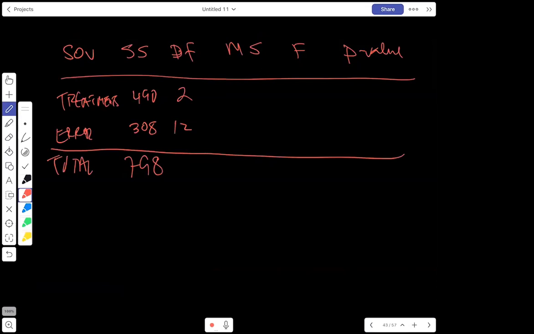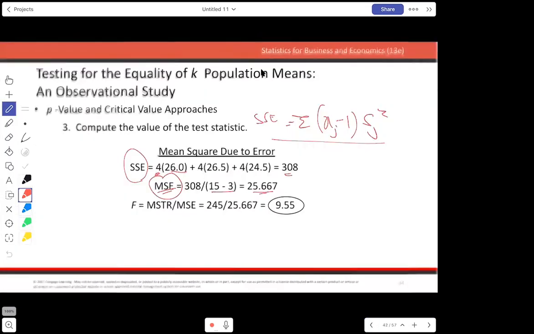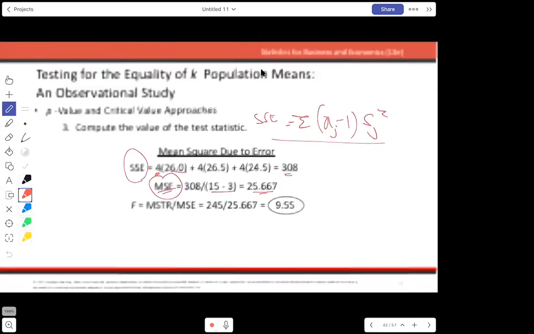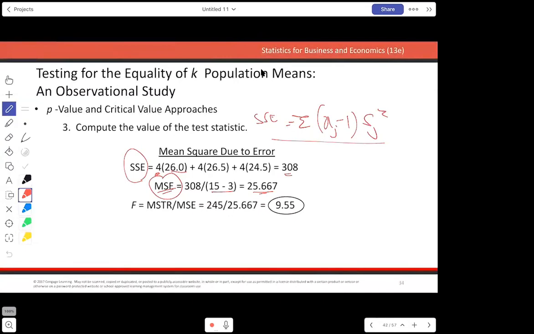Now, the MS value is obtained by dividing. An MS, mean square, is a sum of squares over degrees of freedom. So I will have to divide the 490 by 2 to get my MS value, which was 245 over here. 308 divided by 12 is 25.667.